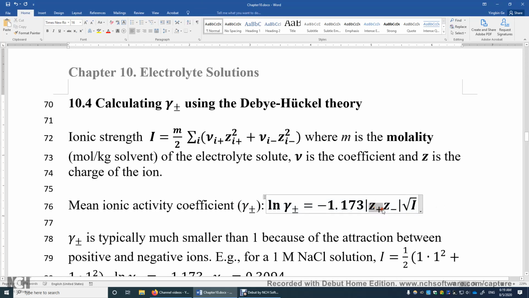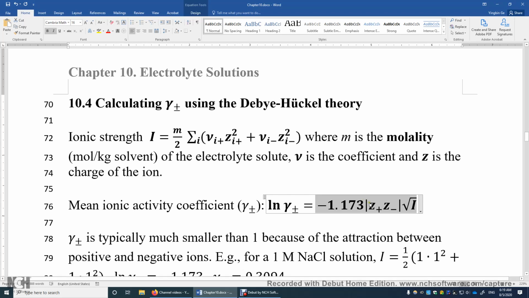If you have more charges, plus 3 or plus 4 charges versus plus 1 charge, this term becomes more negative, and the gamma is smaller. The activity is lower. Why? Well, plus 4 charges and minus 4 charges attract each other, although solvated, and the attraction lowers the chemical potential.